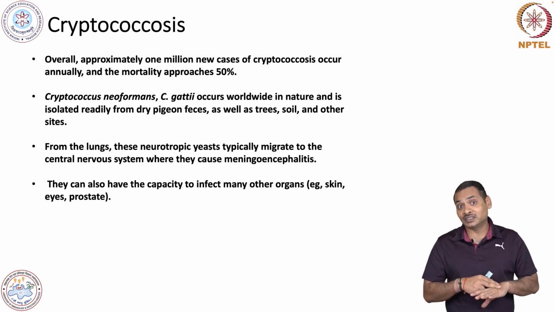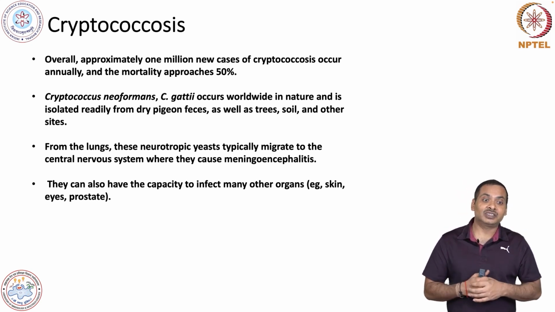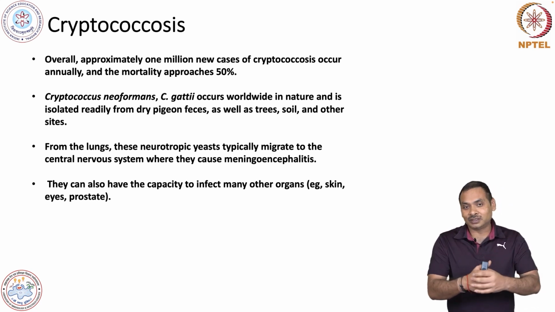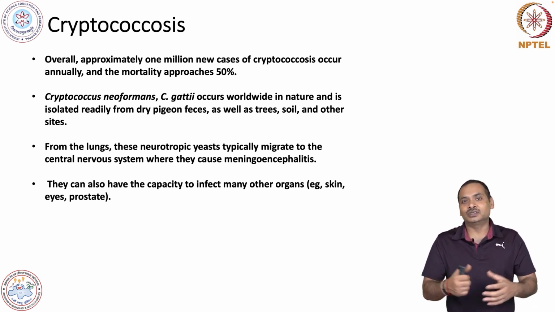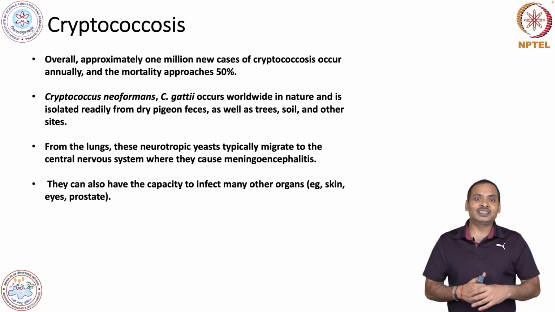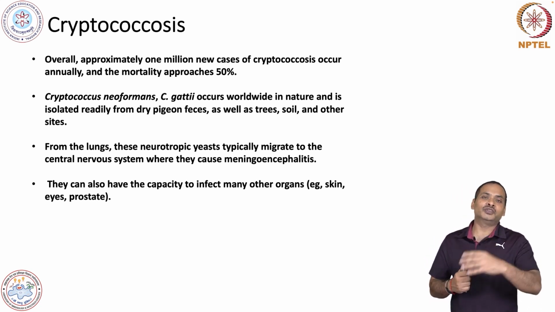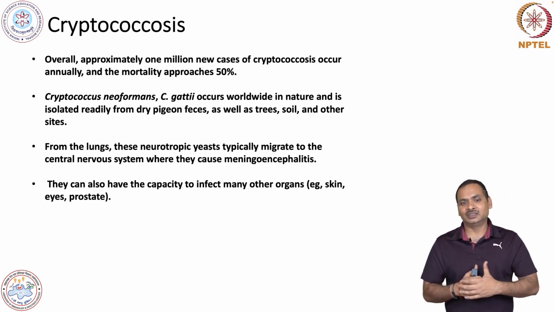They can infect the skin, the eyes, and the prostate. So this fungus has a well developed potential to cause a very dangerous disease. Now you can understand that it is not surprising that about 50% of people die if they have this infection.